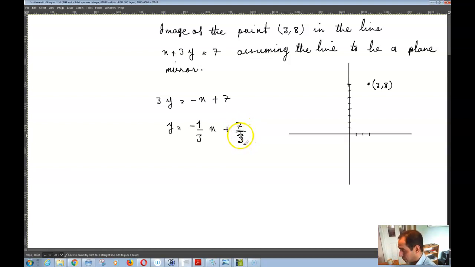7/3 is the same thing as 7 divided by 3, which is 2 times 3 is 6, so this is 2 and 1/3.